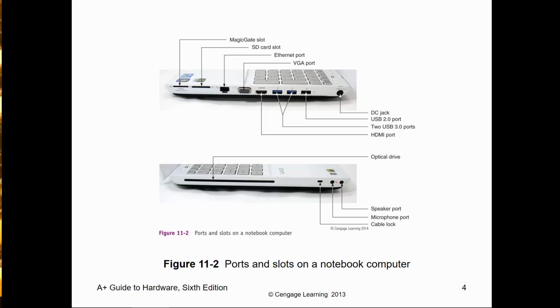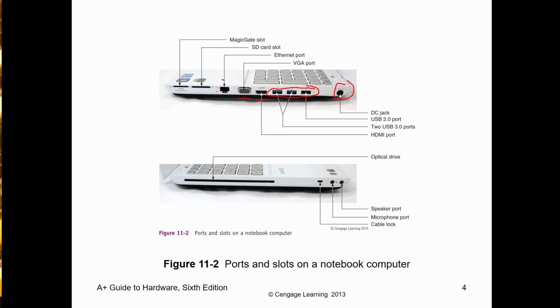Common ports on a laptop are going to be, first of all, let me grab my pen. We're going to have power. We're going to have several different types of USB typically. Normally USB are going to be the most important. Normally you're going to have either a VGA or HDMI. Very rarely will you have both, but sometimes you do.